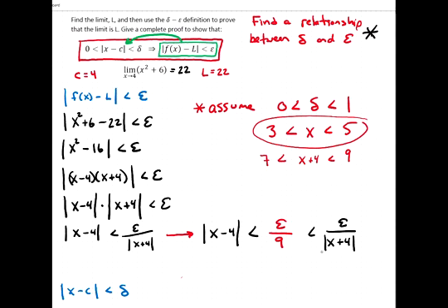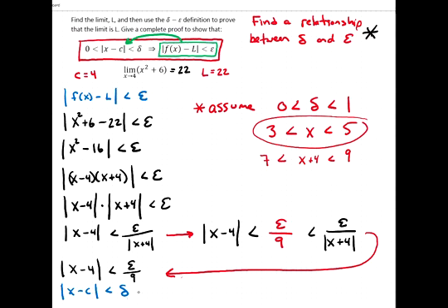that means in this fraction, the denominator is smaller than in this fraction. Okay, which means this fraction has to be larger. So now we could say finally, we come over here and say the absolute value of x minus 4 is less than epsilon over 9.